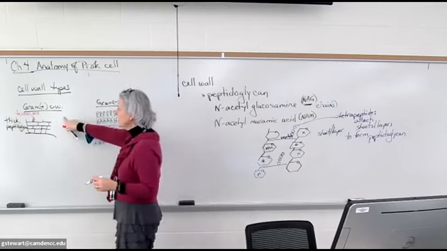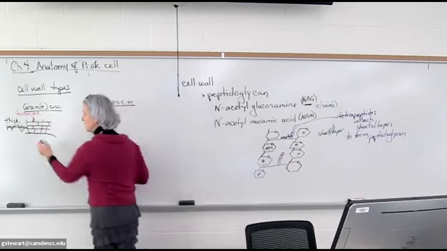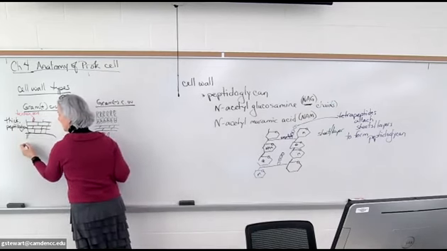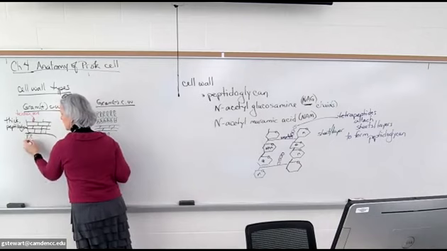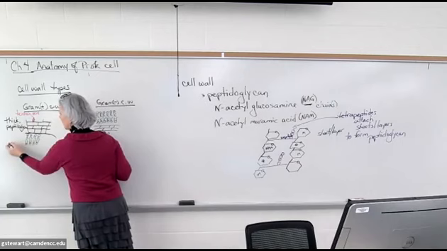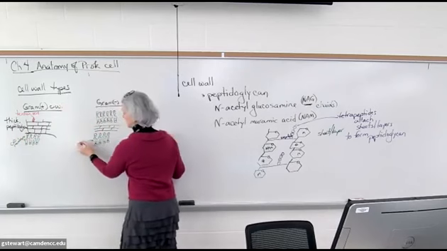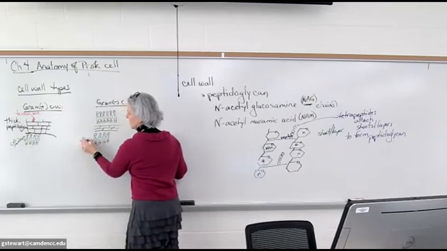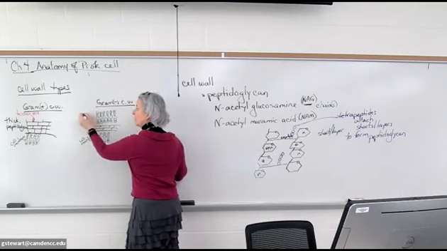Whereas on the gram-positive cell wall, we just have this thick layer of peptidoglycan and then phospholipid bilayer. I should have drawn that here. So this is cell membrane. We call the outer membrane.